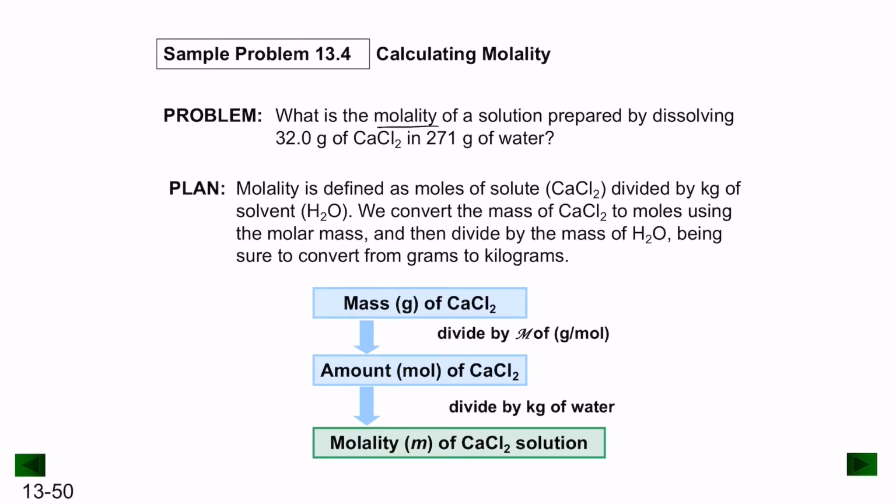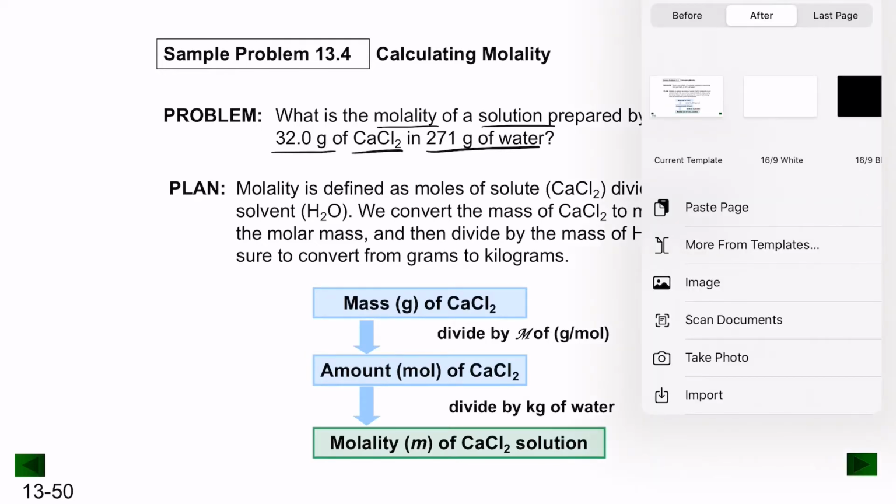They're asking us to calculate the molality of a solution prepared by dissolving 32 grams of CaCl2 in 271 grams of water. Remember that here they're asking us for molality. Now let's try and solve this particular problem. First, let's define molality.